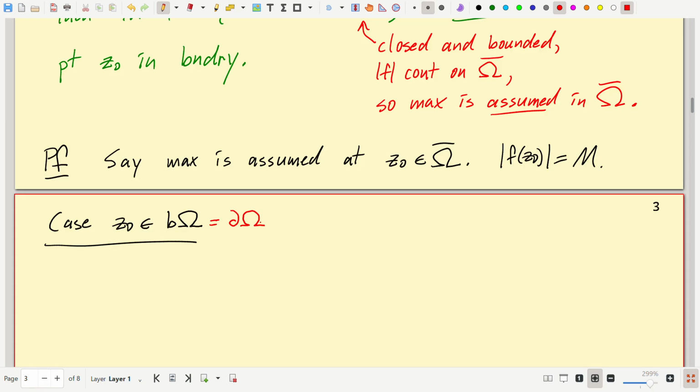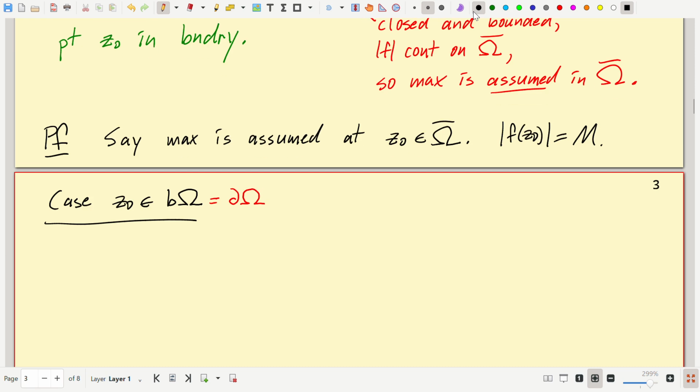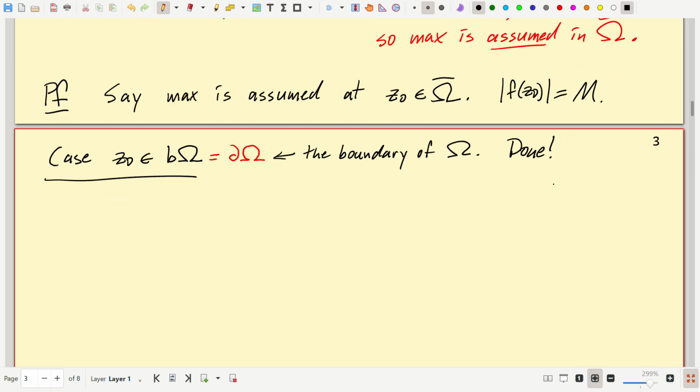That curly d is a reserved symbol in complex analysis, so I call the boundary b omega. I like it better. That's the boundary of omega. Well, then we're done. So that's a dumb case. Now let's do the next case.